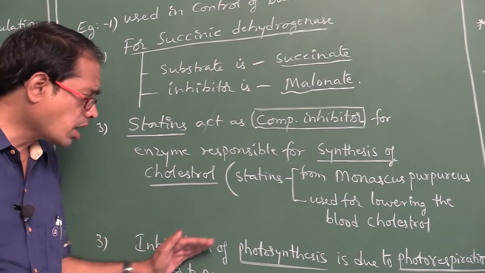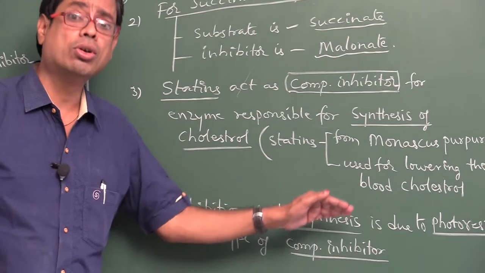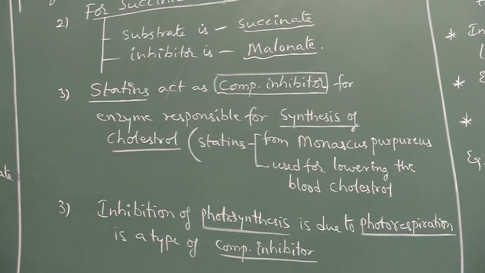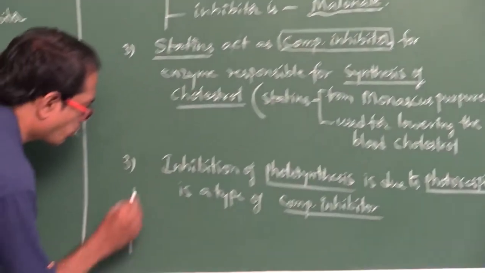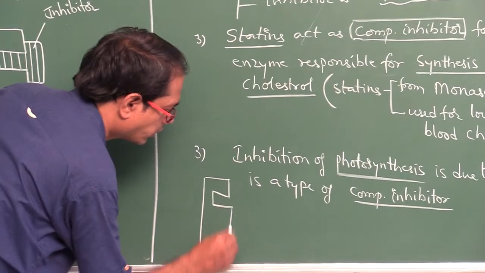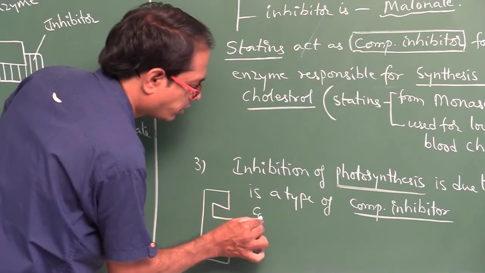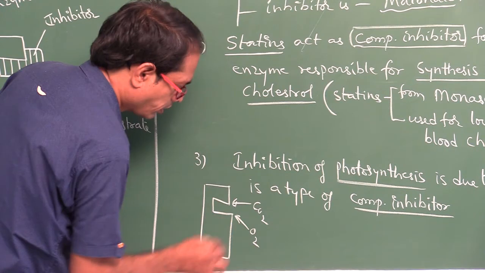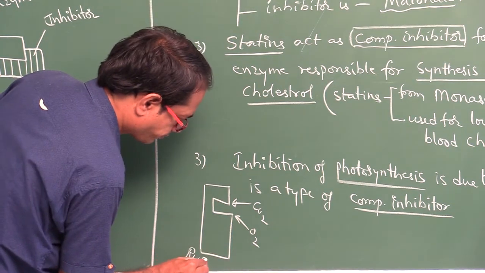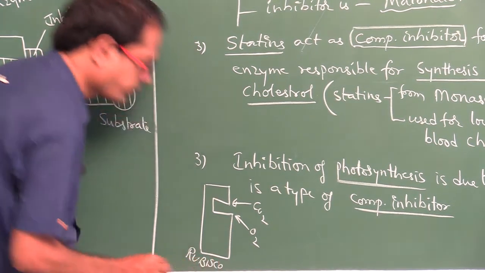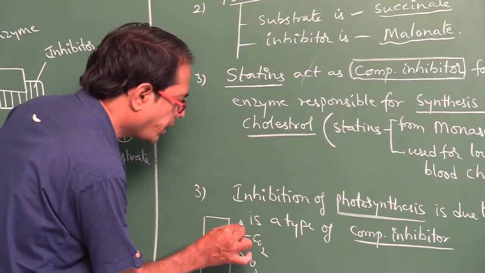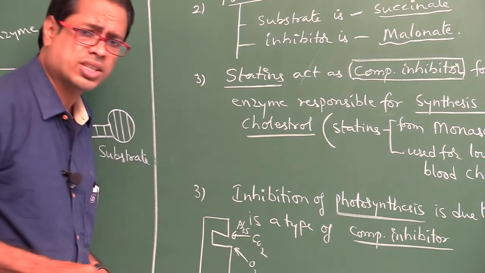Right. Inhibition of photosynthesis due to photorespiration is a type of competitive inhibition. Let us suppose this is the Rubisco enzyme, with CO2 and O2. If CO2 is bound, photosynthesis occurs.